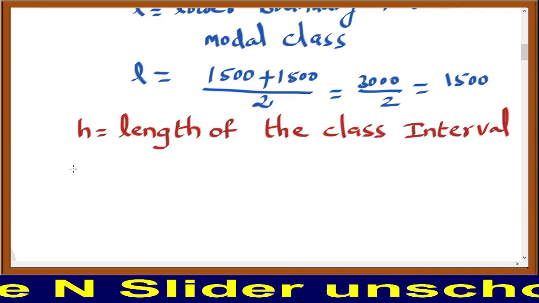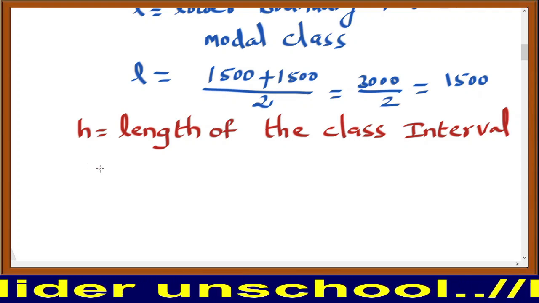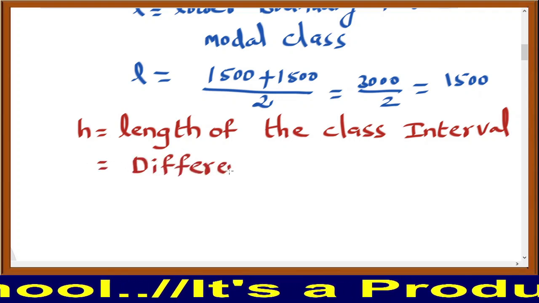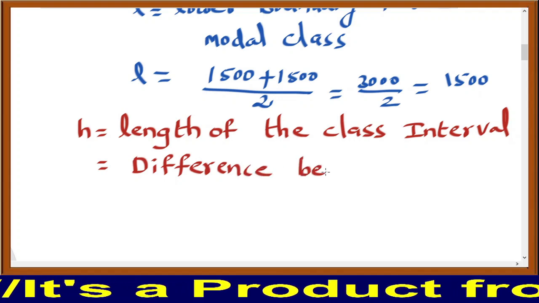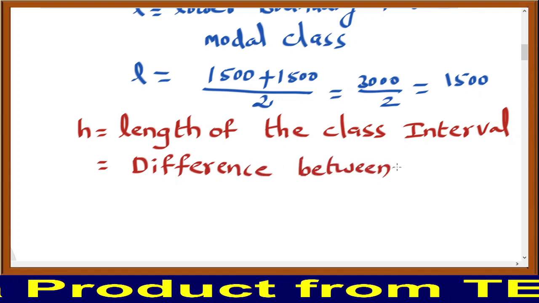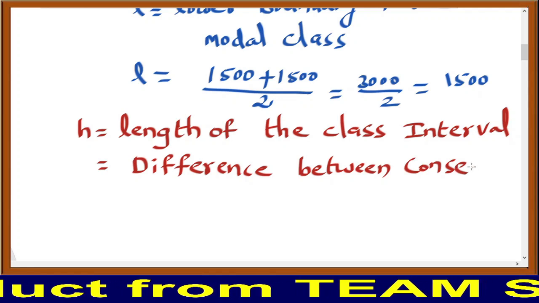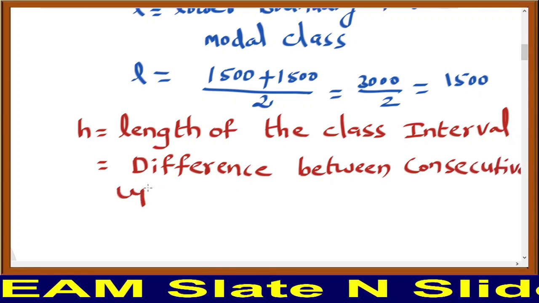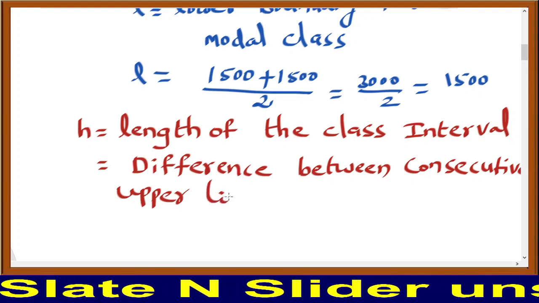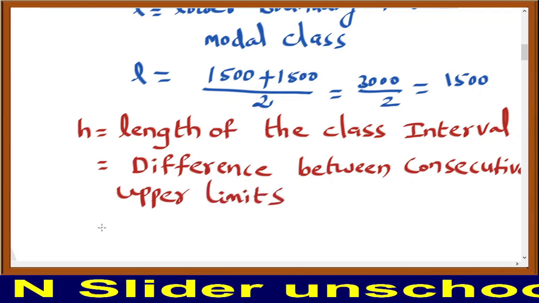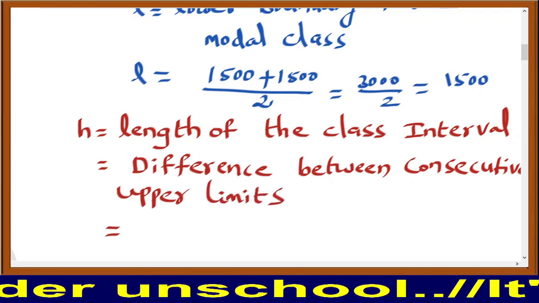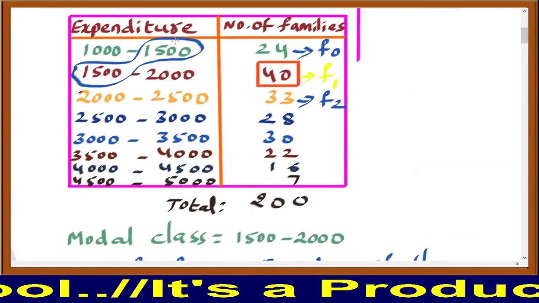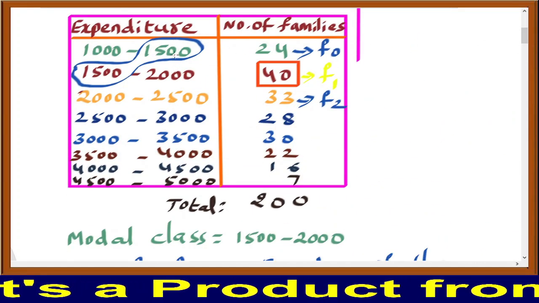How to find out the length? It is the difference between consecutive upper limits, or the difference between consecutive lower limits. Take any two consecutive upper limits. I am taking 1500 and 2000. These two are consecutive upper limits.